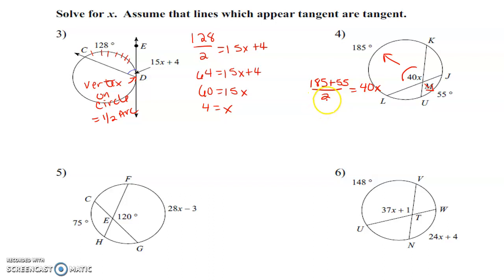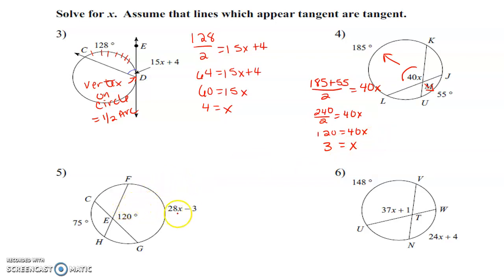What are we getting here? 185 plus 55 is 240 divided by 2. Okay, that's 120. Okay. All right, let's look at another one.